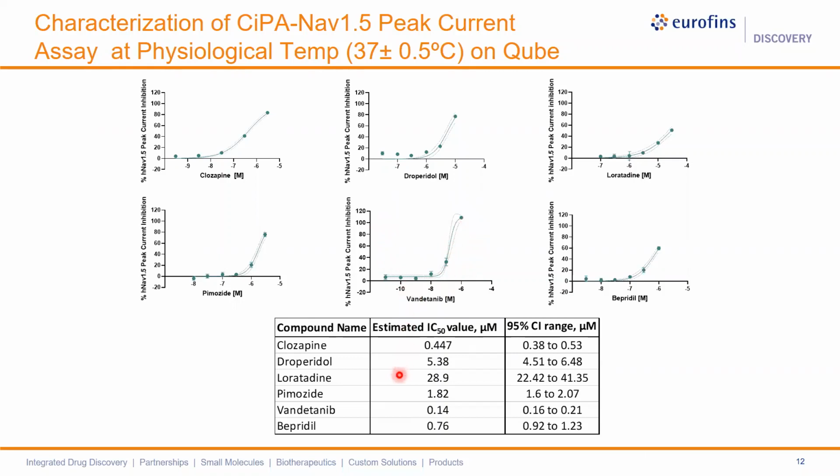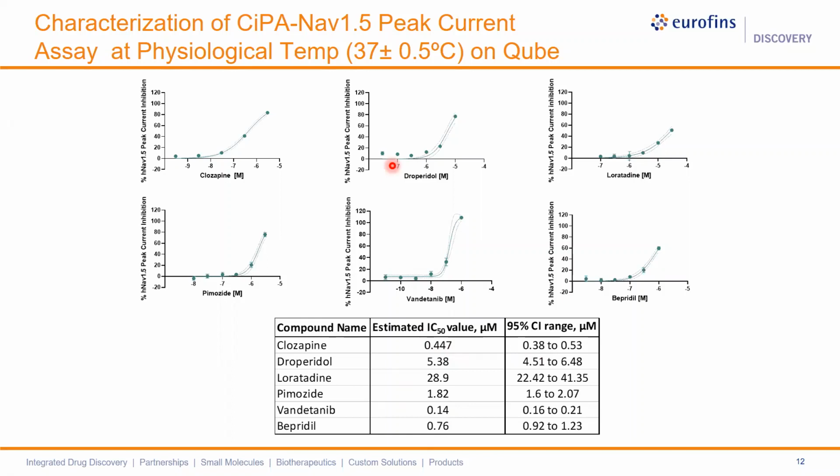And you can see the IC50 values are more or less similar to the values in the literature reports. And the 95% confidence range also is very tight, as you can see with the dotted intervals on the solid line. So it is a very robust assay at physiological temperature for Nav1.5.